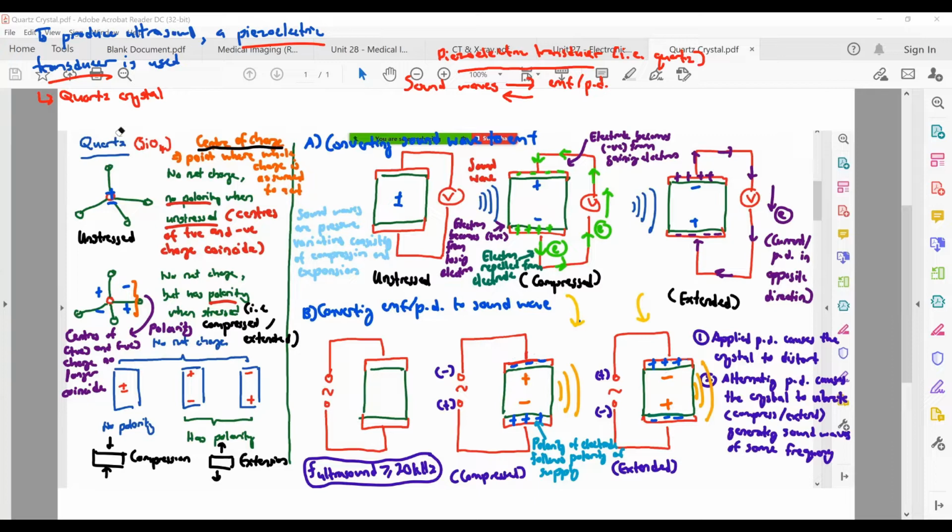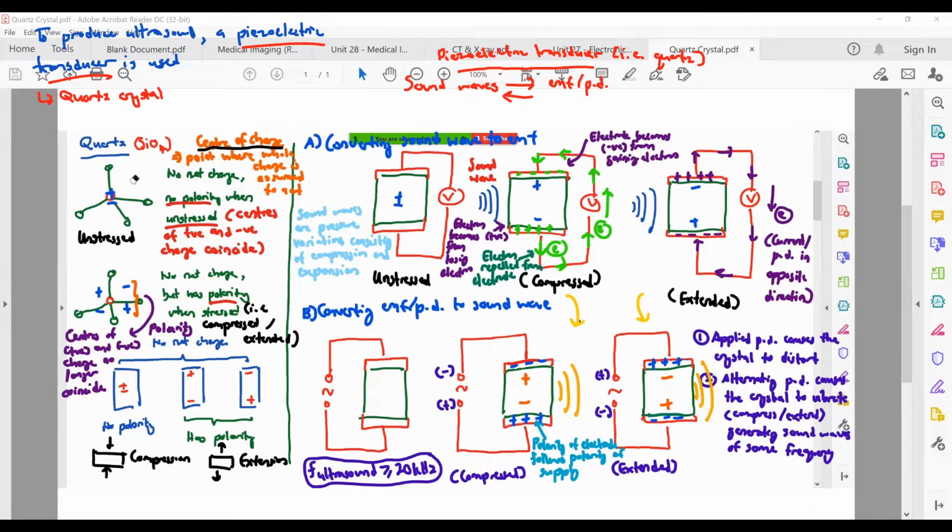The concept is similar to center of gravity that you learn in AS, a point where you assume the whole weight of the object is acting. You can do the same thing for centers of charge too. It's a point where you assume the whole charge is acting.